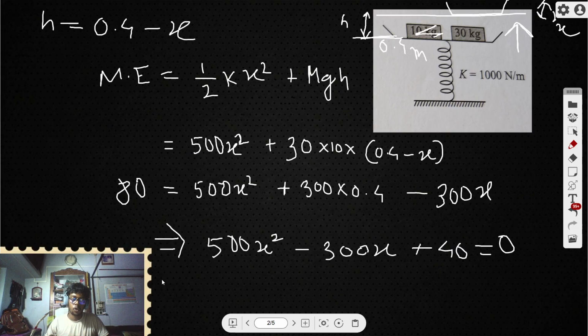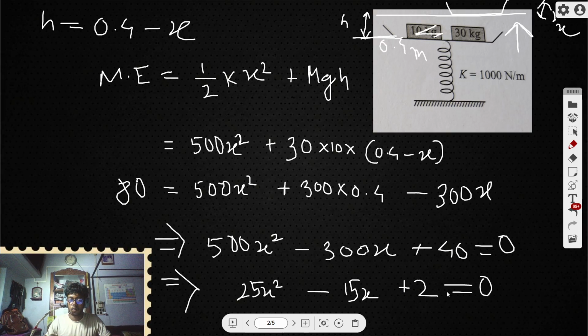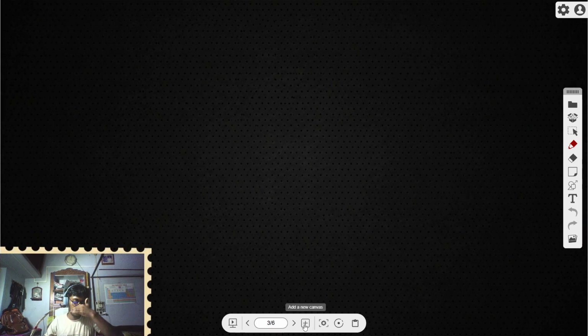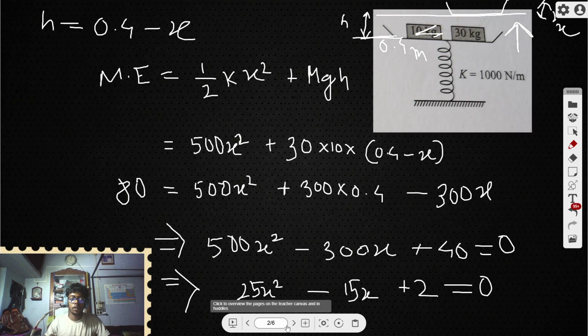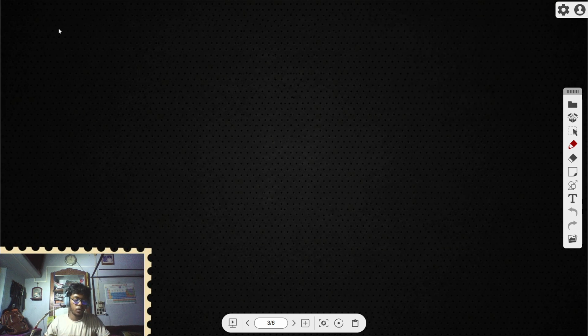Now if I take 20 common, it will be 25 x square minus 15x plus 2 equal to 0. If you factorize this quadratic, you can do it easily.